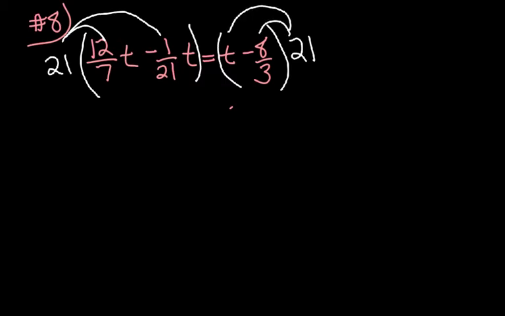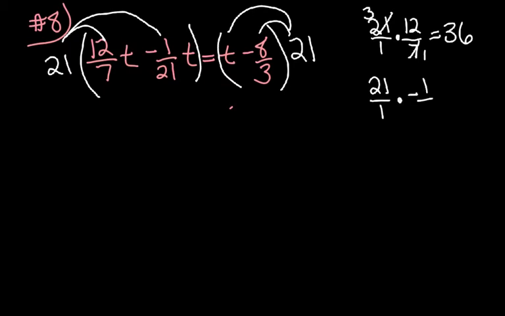So I'm going to do 21/1 times 12/7, and I get 36. Then I'm going to do 21/1 times -1/21, and I'm going to get -1.